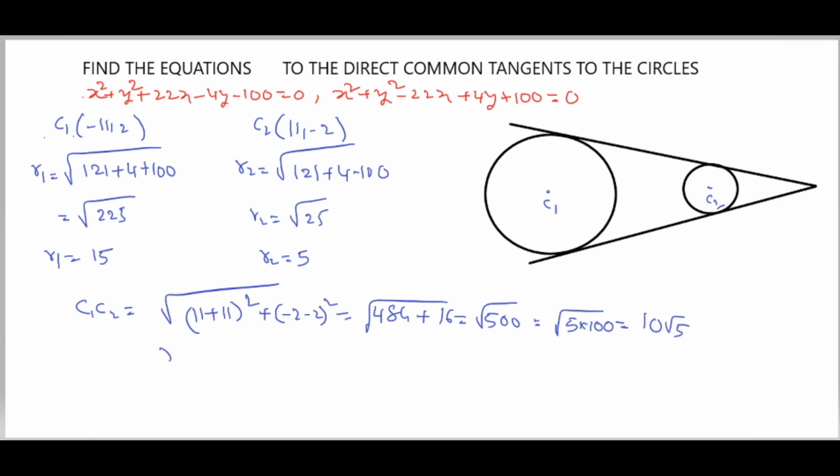And R1 plus R2 is equal to 15 plus 5, which is equal to 20. Here C1 C2 is greater than R1 plus R2. So the given circles do not touch and do not intersect. Thus the two circles are like in this figure. C1 C2 is greater than R1 plus R2, and these two lines are called direct common tangents.